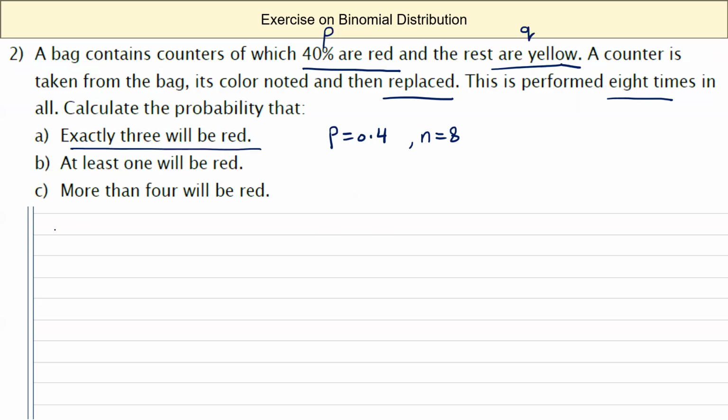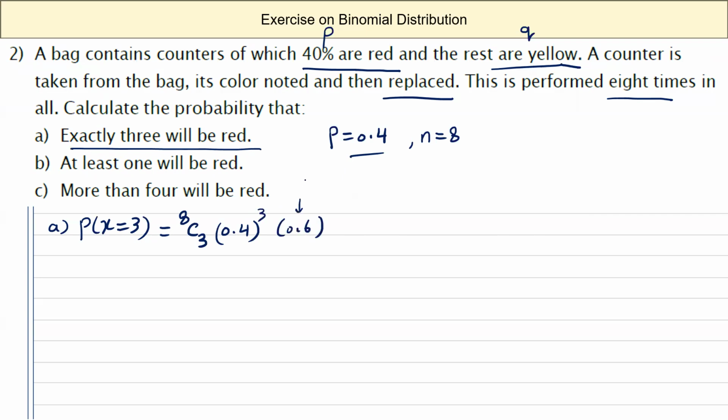So in part A I'd like to calculate the probability of X equals 3, being 3 of the counters out of 8 trials to be red. So the answer is 8C3, 0.4 probability of success, or being red, power 3, and 0.6, the remaining of 1.